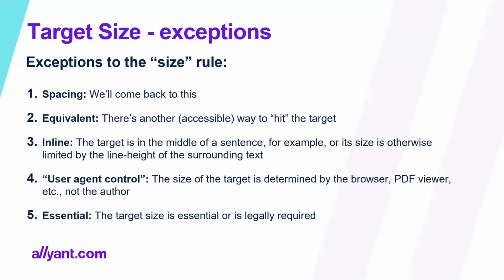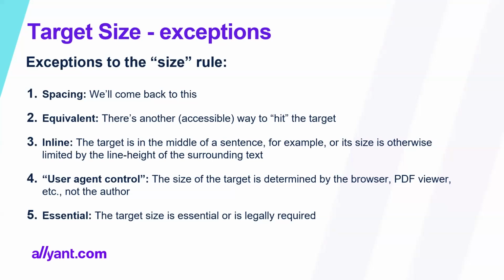So, for example, if Adobe Acrobat gave the user the functionality to make link annotations bigger or checkboxes bigger while you're trying to read through a document and fill out a form, then that would be the user agent control, right? That the person who's filling out the form could make those annotations bigger and then be able to hit them, as opposed to the size being determined by the document author, the document creator.